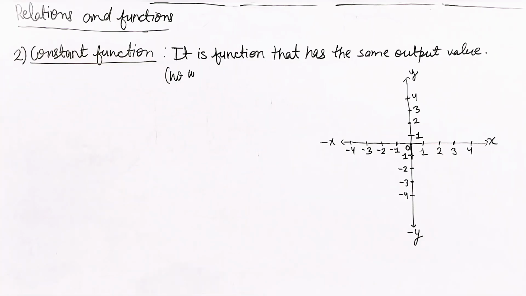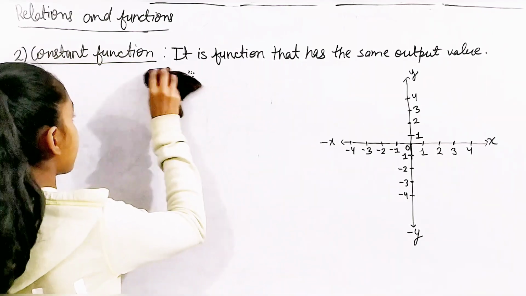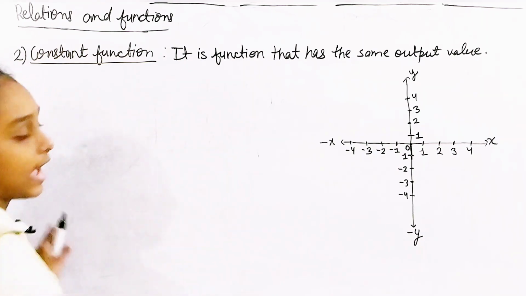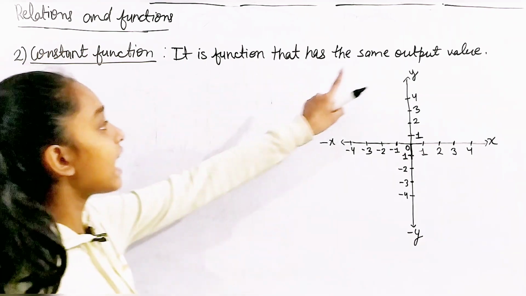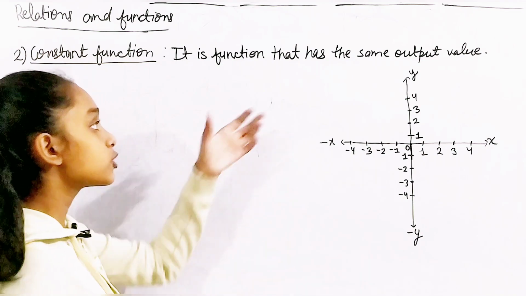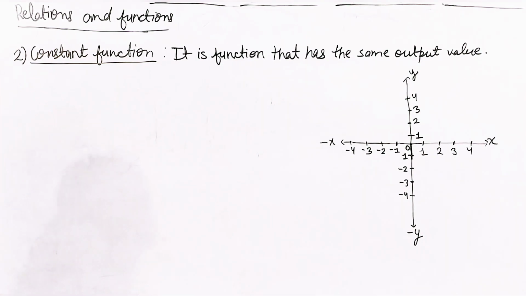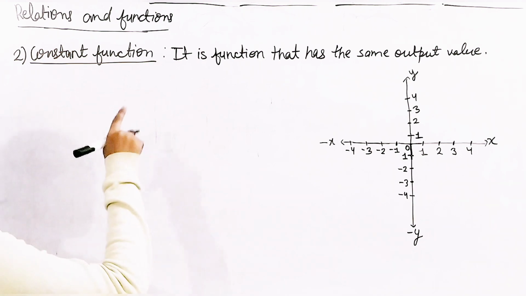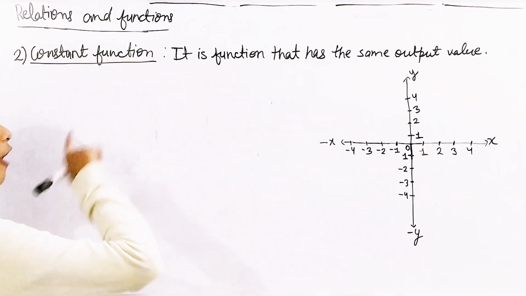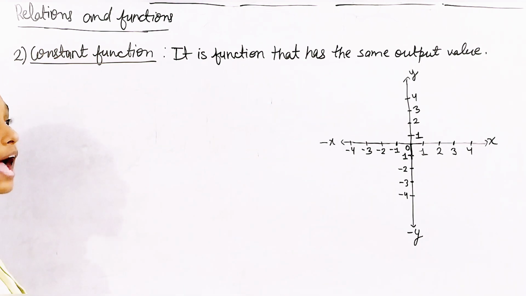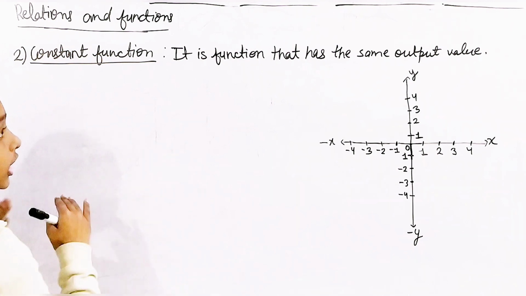There's no need to write this statement, I've already said this. Output value means the range, of course. So it is a function that will have the same output value no matter what the input value is.